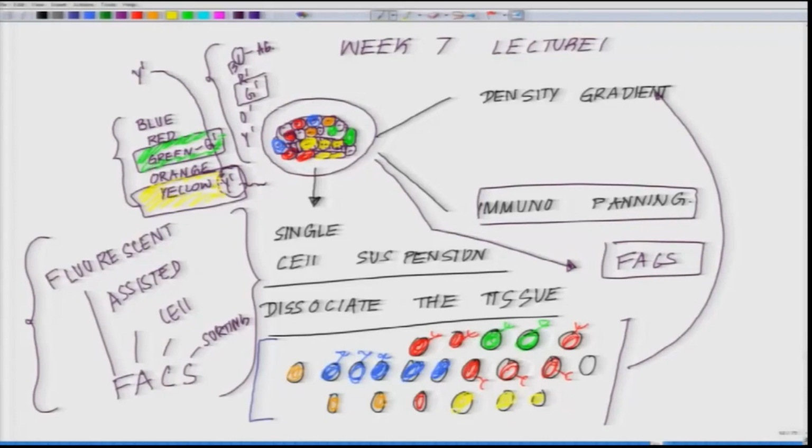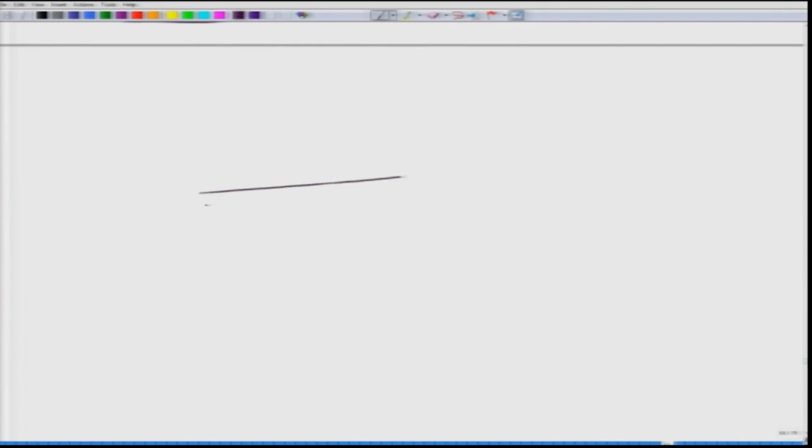Now, I have a sensor, say for example, and I allow the cells to flow. So, I have something like this, a very narrow tube through which only one cell at a time can flow. And here I have a sensor. And here I have a gate.